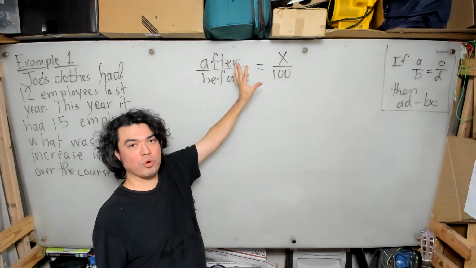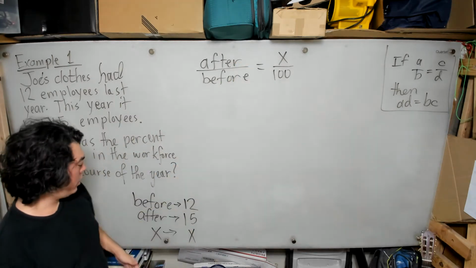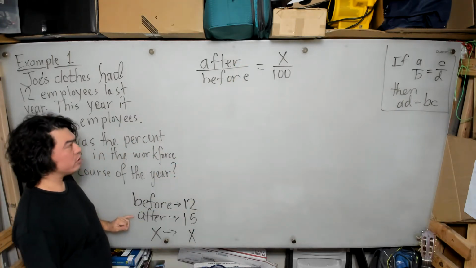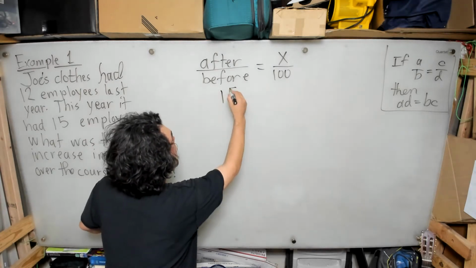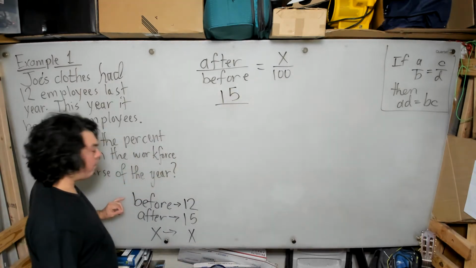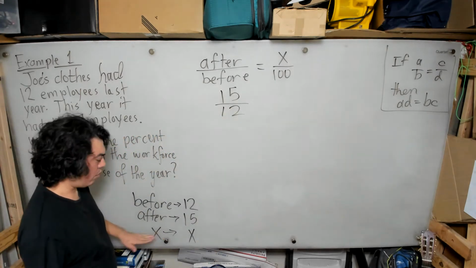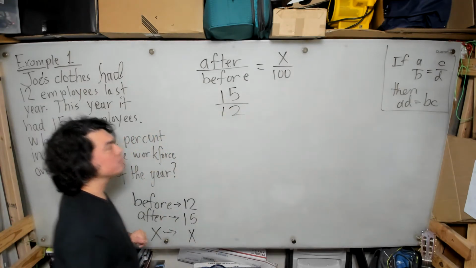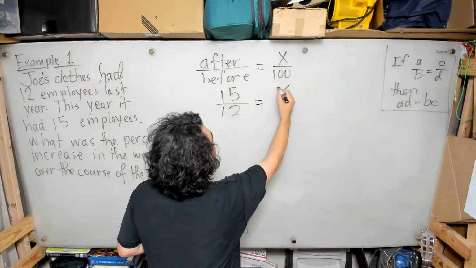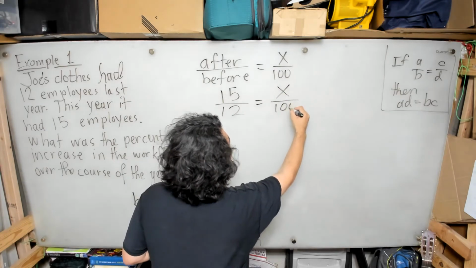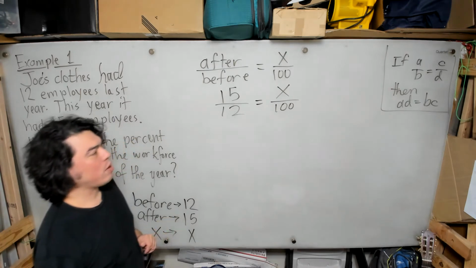Once we solve this proportion, we're going to interpret it. So here our after value is 15, our before value is 12, and our X is unknown, so we leave it as X. So that's going to be X over 100. And this is our standard proportion for solving this problem.